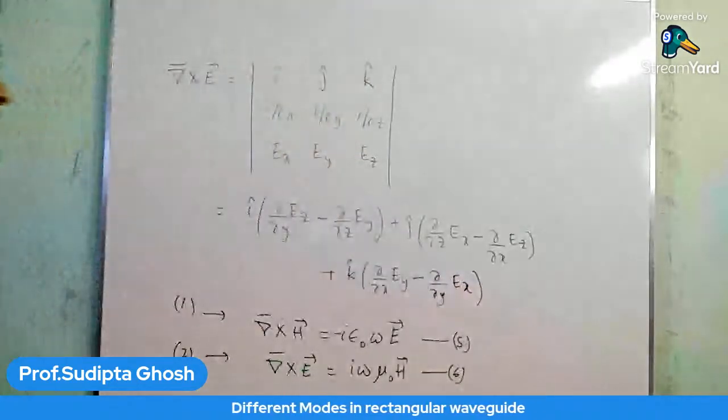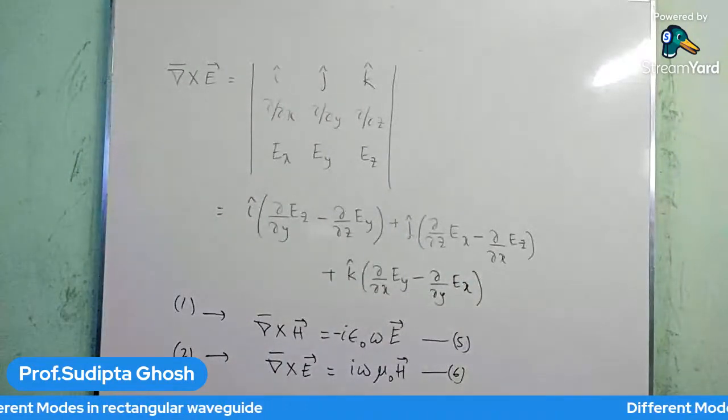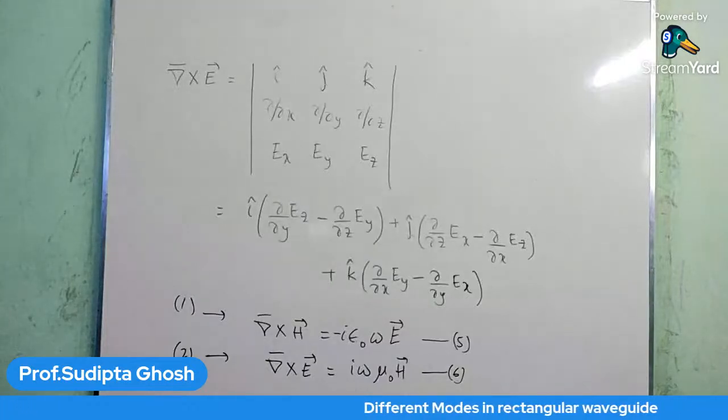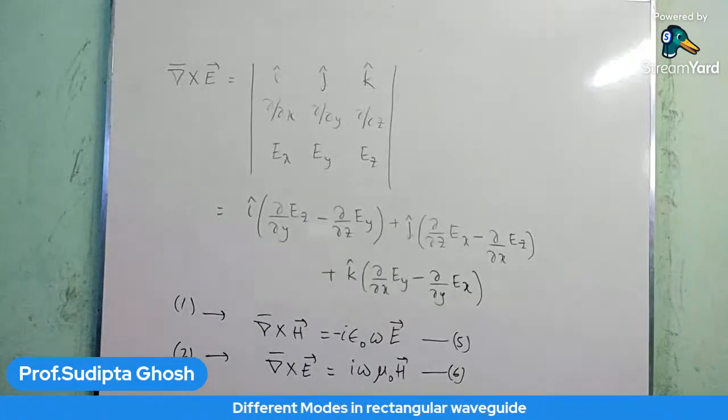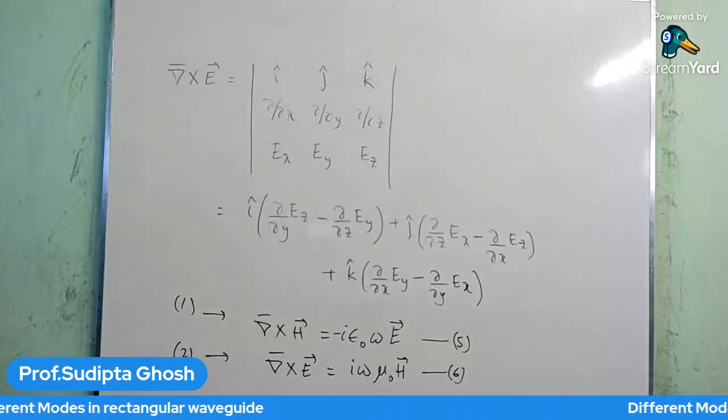So this is the value of curl E. And now this curl E equals i omega mu 0 H.